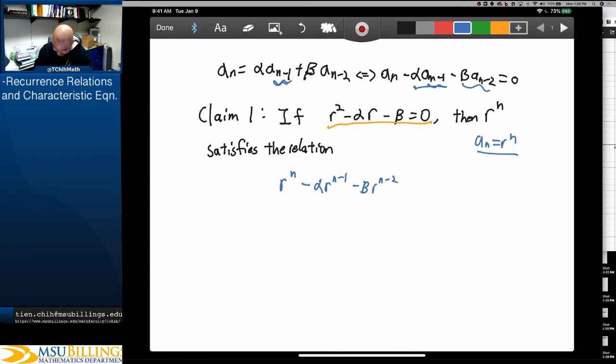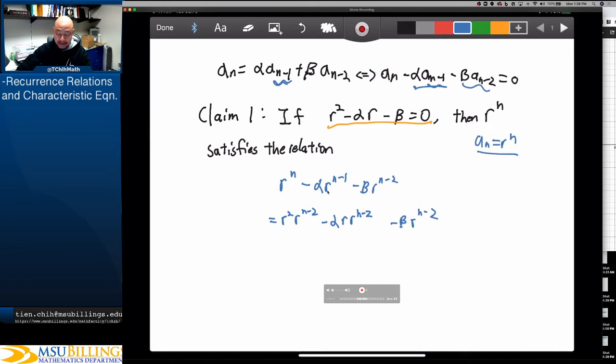And if I look at this, well, this really is r squared times r to the n minus 2, minus alpha r times r to the n minus 2, minus beta r to the n minus 2, right? I can let everything be r to the n minus 2, and I can pop out some of the r's from these powers to make that happen.